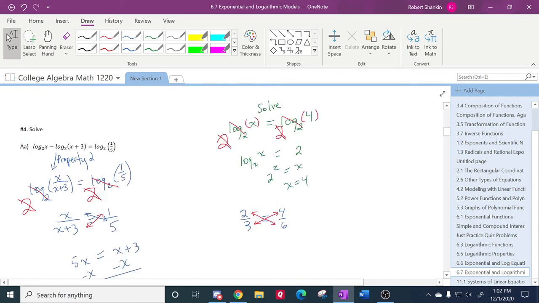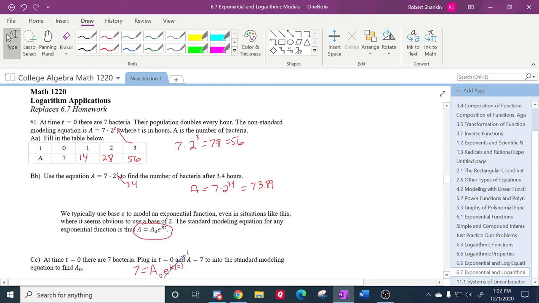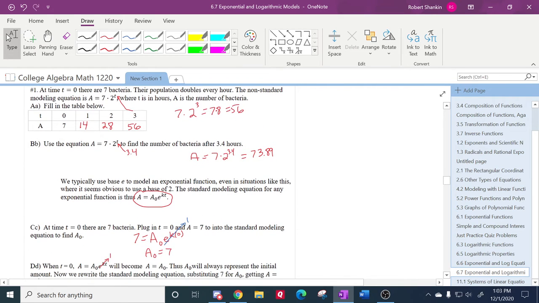When we started this lesson, we had equations that might have looked like this: A equals 7 times 2 to the t. But then we said, hey, the standard way to model things is to use a base of e. And so this is the standard modeling equation: A equals A0 e to the kt, whenever you know something is growing exponentially, exponential growth or decay. So that's the equation that we model with.